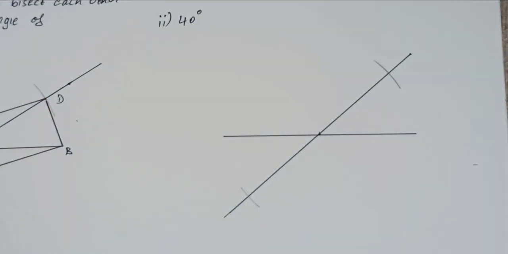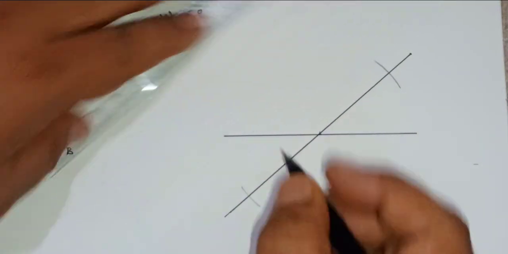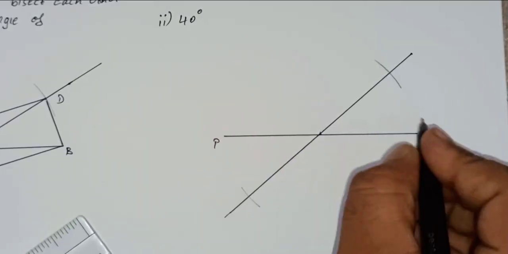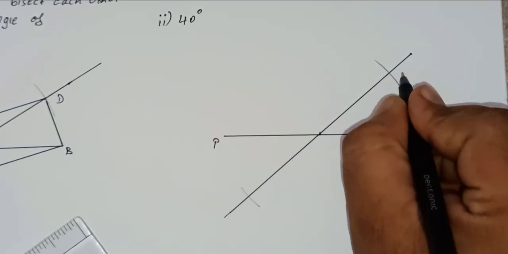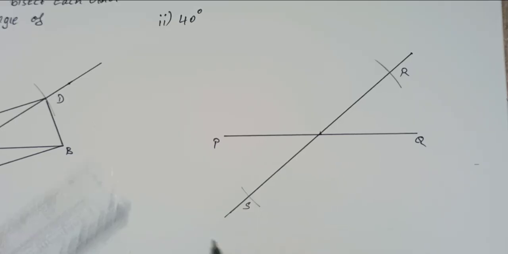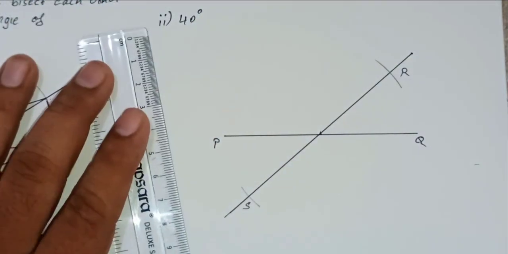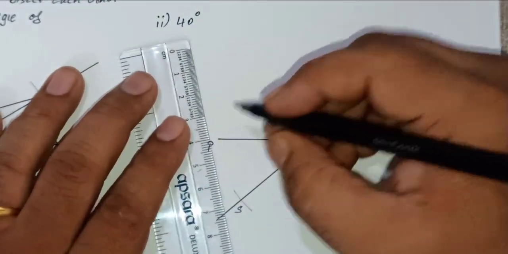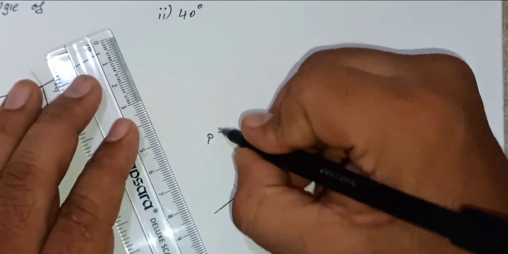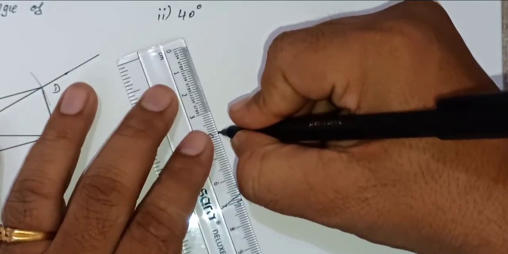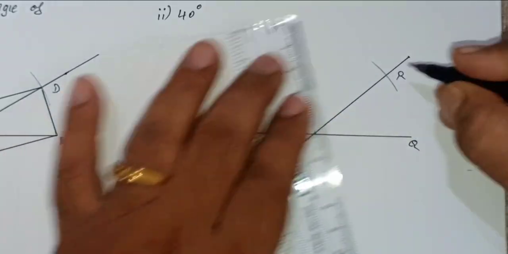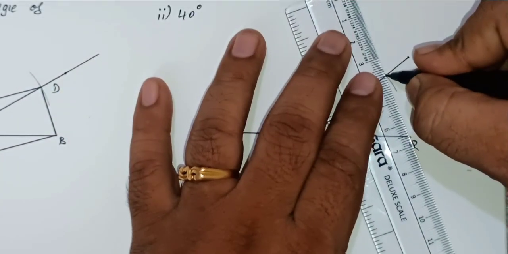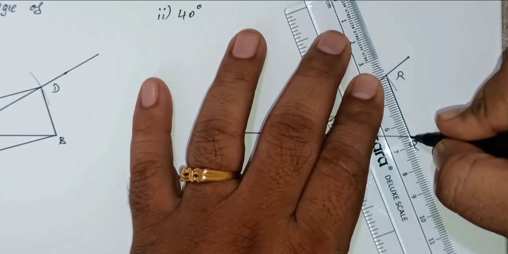Okay, now again join this part. So I'll mention here, we'll take a different name, PQRS. Yes, mention your name. Then join PS, QR.